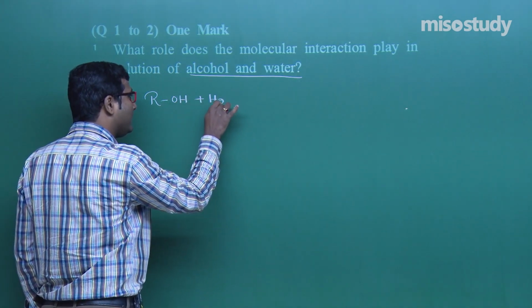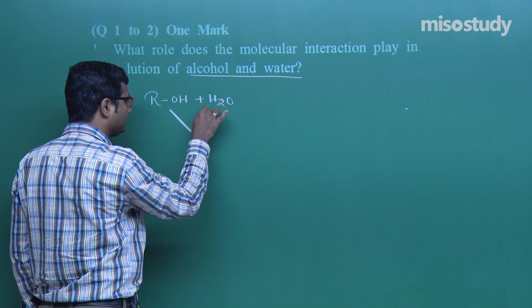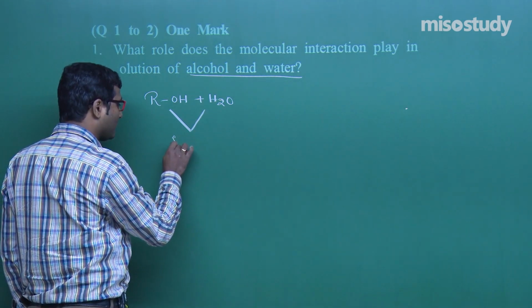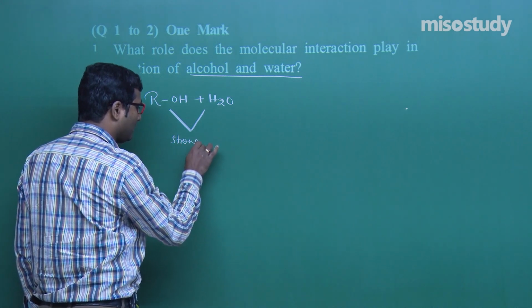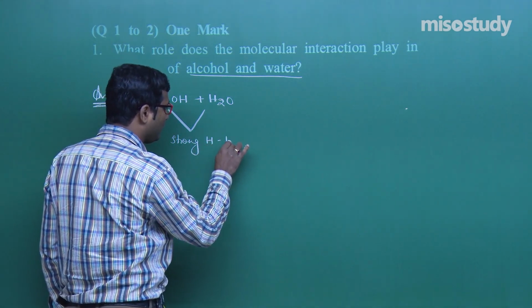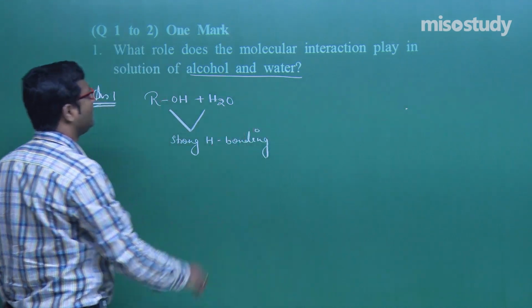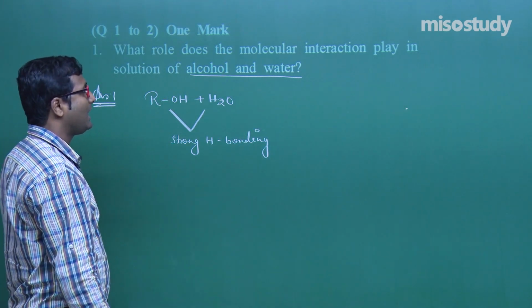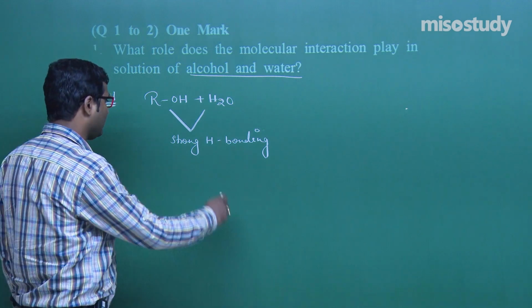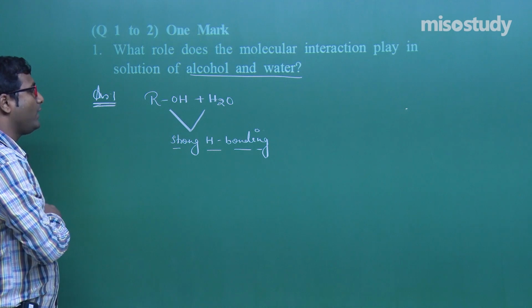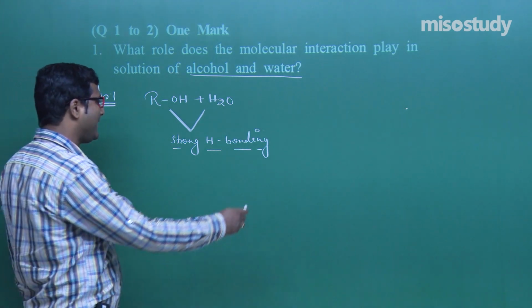As we know, in alcohol and water, there is a strong hydrogen bonding. Clear to you? There is a strong hydrogen bonding, definitely. When they go into the solution, what will happen?